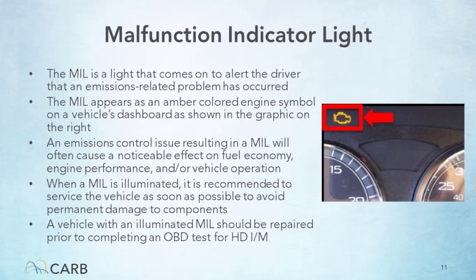When a MIL is illuminated, the vehicle should be repaired as soon as possible to avoid permanent damage to the components. The vehicle will fail the HD-I&M OBD test if it has an illuminated MIL. Therefore, it should be repaired before completing the OBD test.